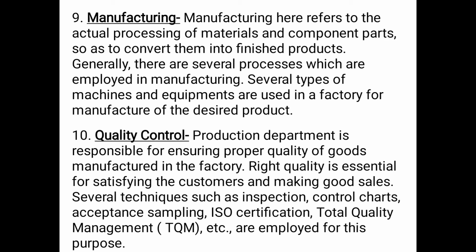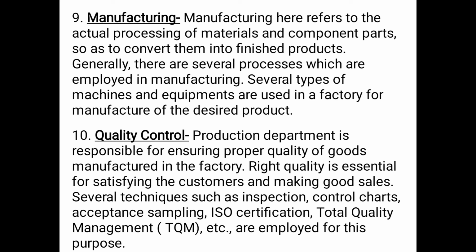So after the production has been done, everything has been done, layout has been decided, the function of the production department is quality control. It needs to check whether the quality so produced is basically according to the standards which were decided or not, whether it meets the standards of the quality pre-decided, whether it is failing the quality or what the condition is.